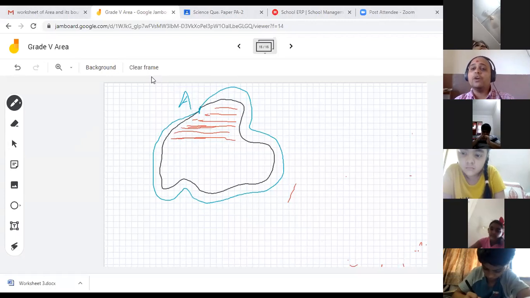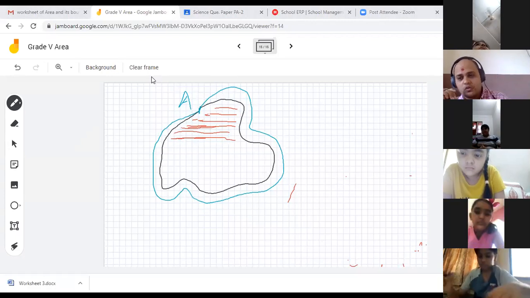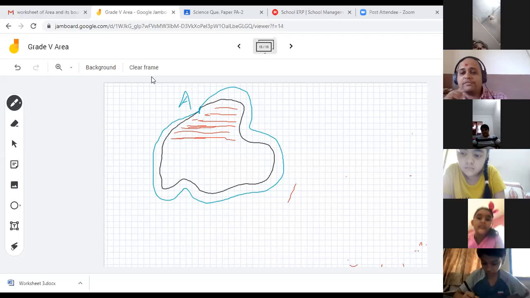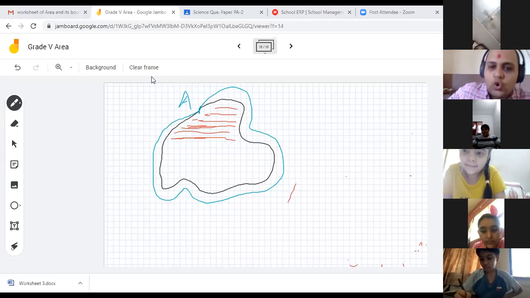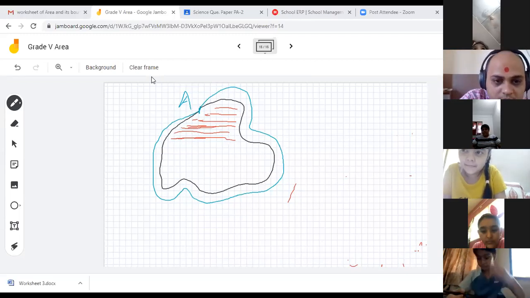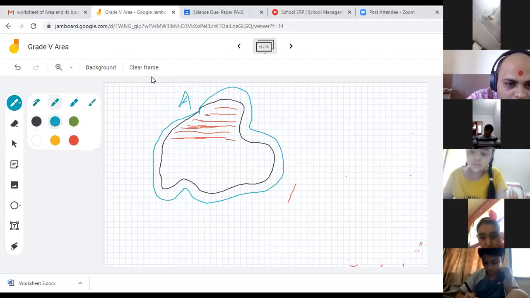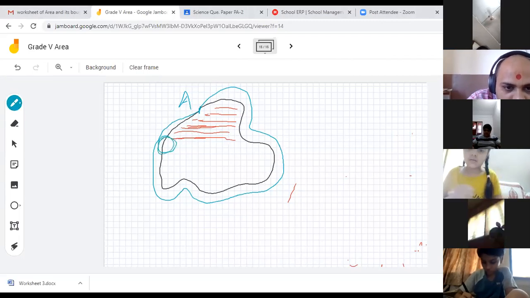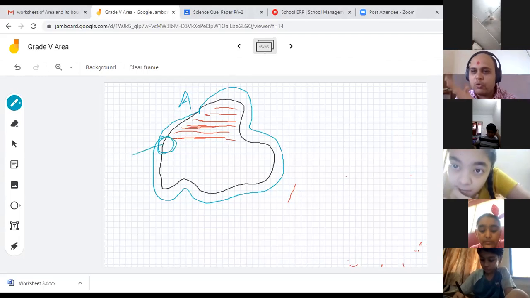Now you have to see whether the squares are half or not. Squares that are half or bigger than half have to be taken as a full square, like this one. This one is a little bit more than half.